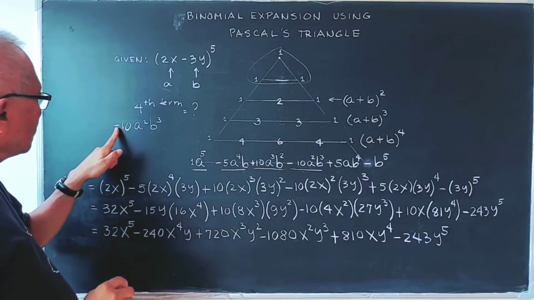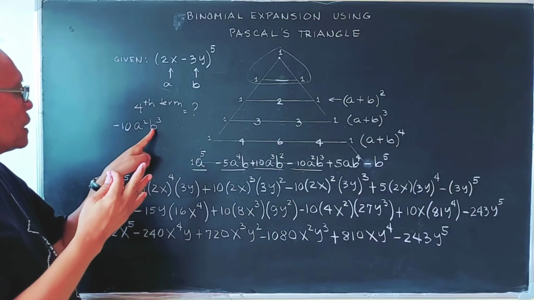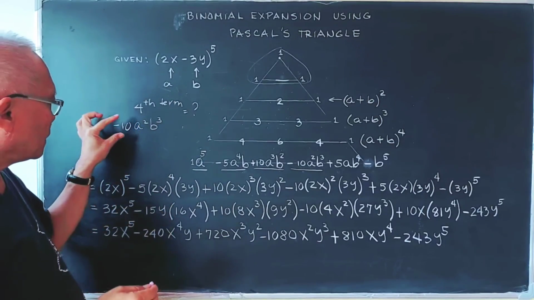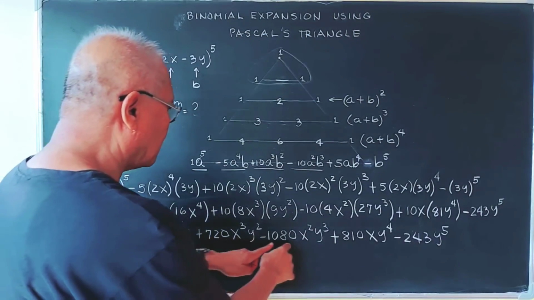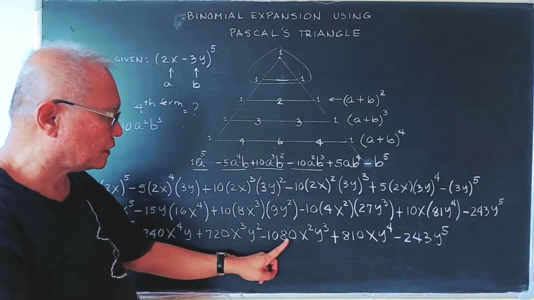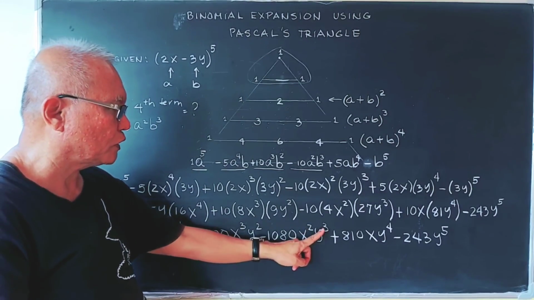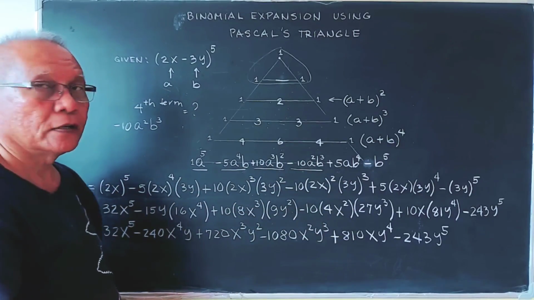And then put the minus, and then the 10, and then the a is 2x squared times 3y cubed. And then finally, it will be here 1, 2, 3, and 4. And your answer is only minus 1080 x squared y cubed without computing all the terms of our binomial.